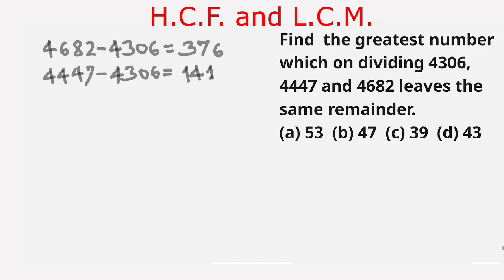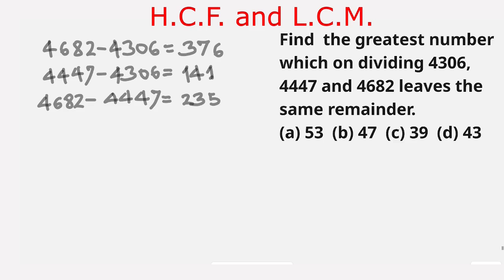Now we take the difference of 4682 and 4447, and this is equal to 235. Now we will find the HCF of the numbers obtained by taking the difference. These numbers are 376, 141 and 235.